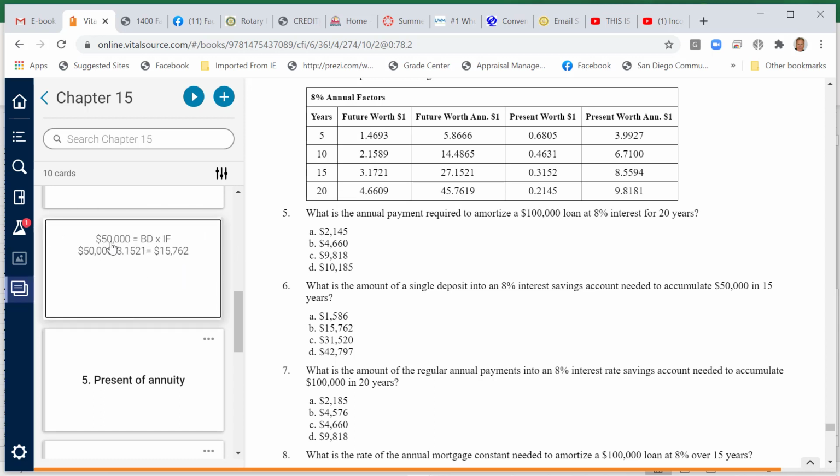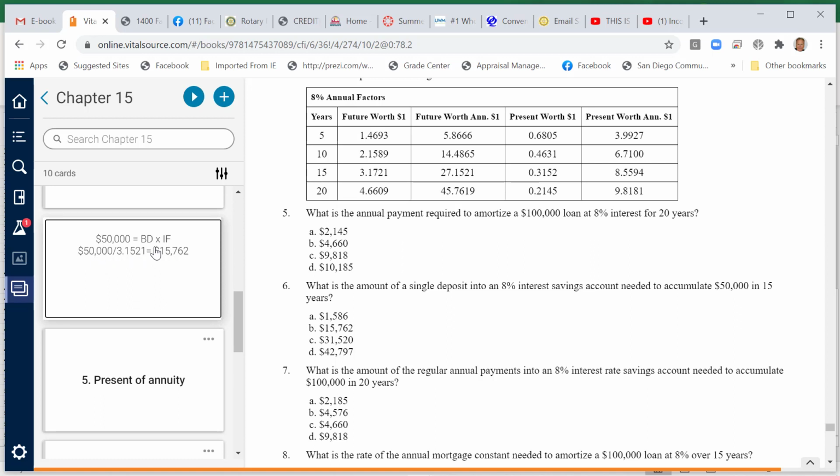So what it says is that $50,000 is equal to the beginning deposit times the interest rate factor. Well, I don't know what the beginning deposit is. So once again, I have to divide by the interest rate factor from both sides.